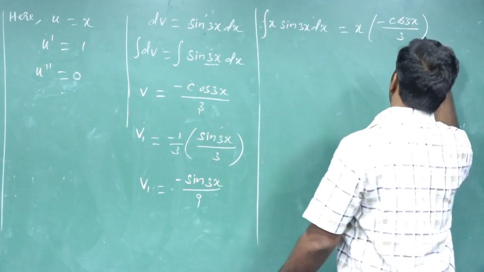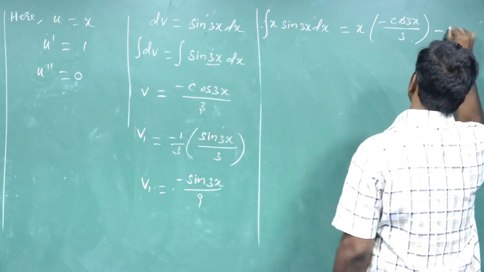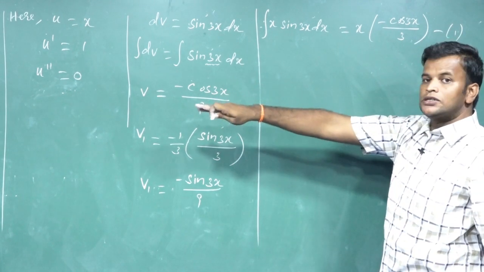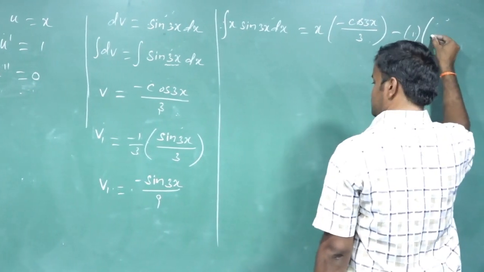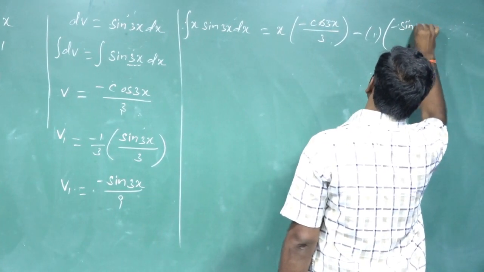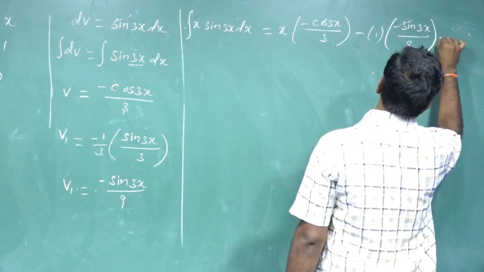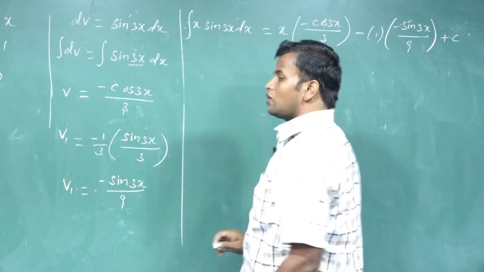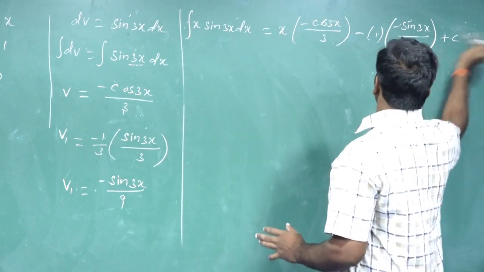By our formula, minus u dash, which is just 1, into v1, again the value of v1, minus sin 3x divided by 9. I write plus c because all the remaining terms are 0. So just two terms, plus I add c.